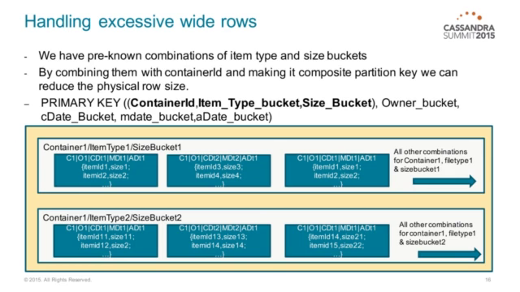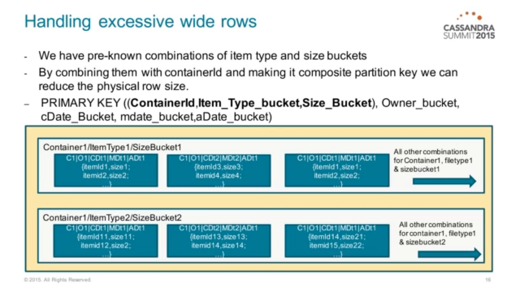If you compare this approach with the previous diagram, instead of storing everything for that container as one big fat very wide row, now my internal row is based on container ID and the item type and size bucket combination. So all the data belonging to a given value of container, item type and size bucket is now stored as one internal row, one physical row.